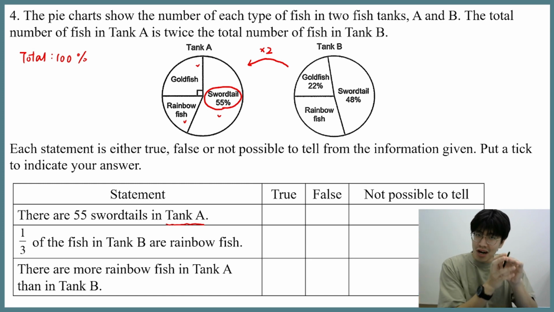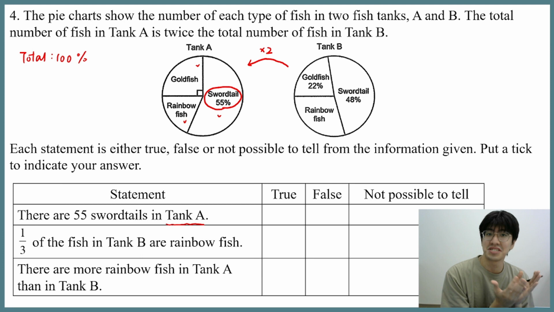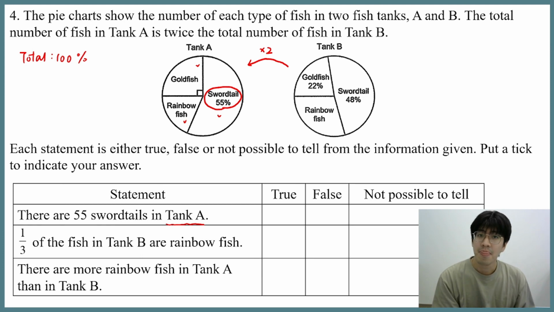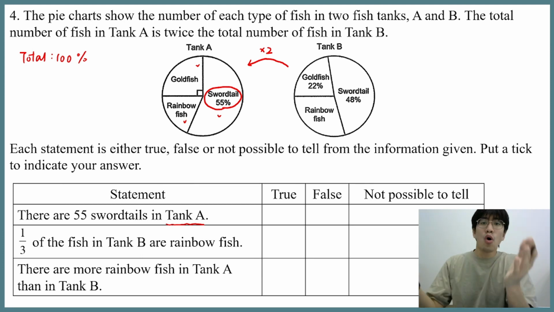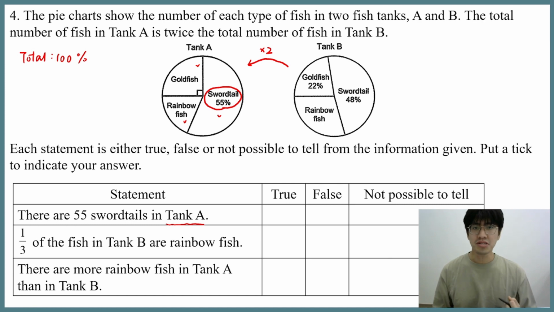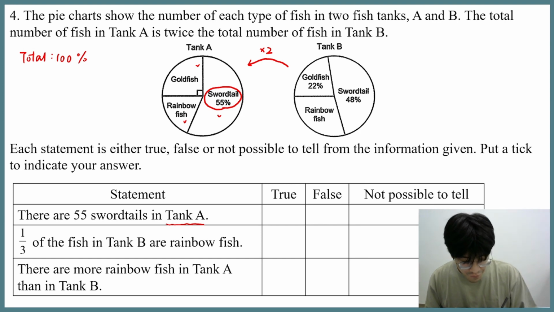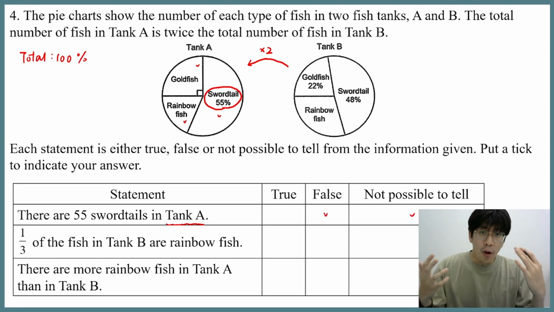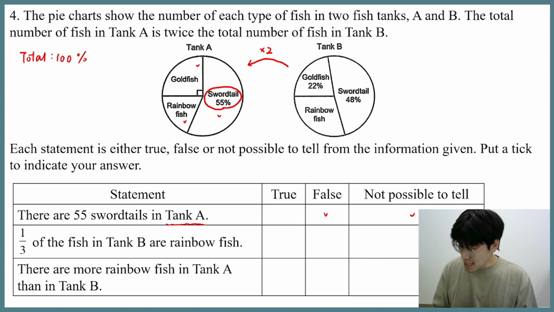In order to work out the exact amount of swordtail, then what do we need? We need to know the total amount. Do we know the total amount in these questions? No. So, are we going to put false or not possible to tell? What are the difference between these 2 choices?